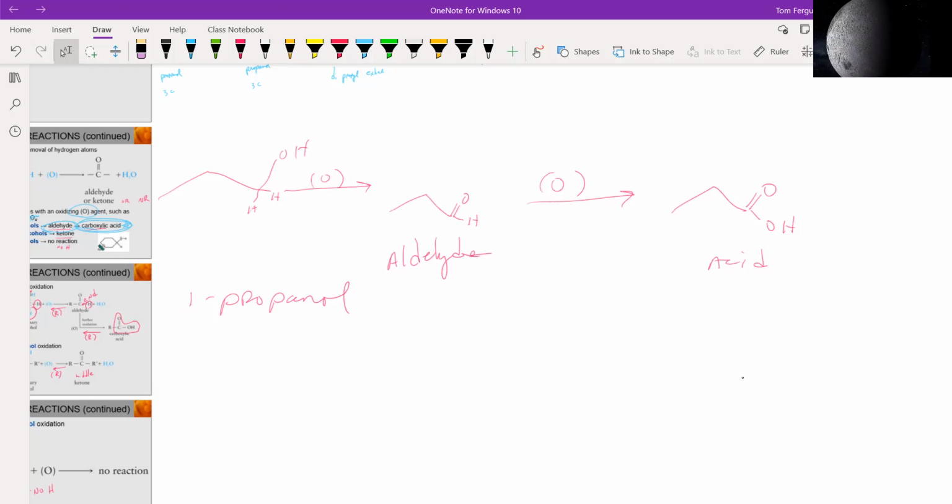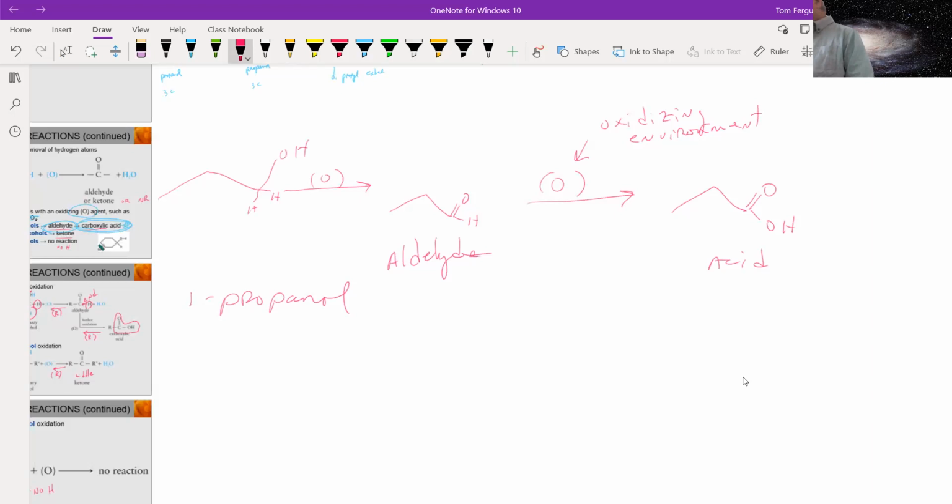And we're going to be putting that O there, and that is an oxidizing environment, which could be permanganate, dichromate, a whole bunch of oxidizing agents. Okay, we okay with this?